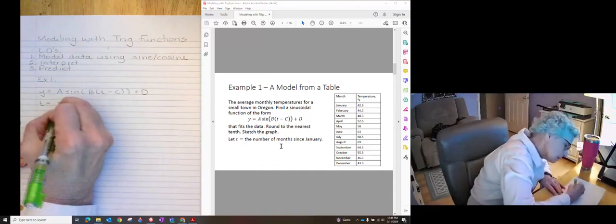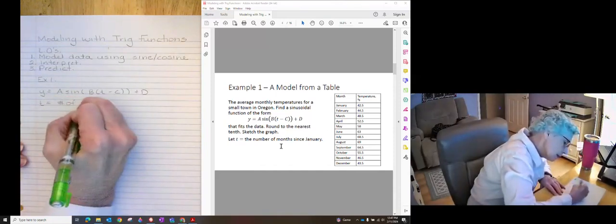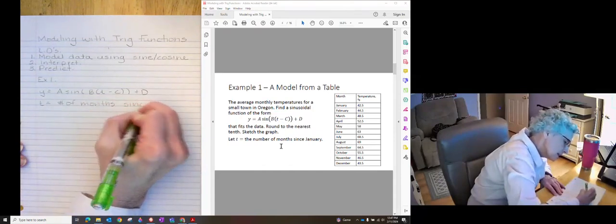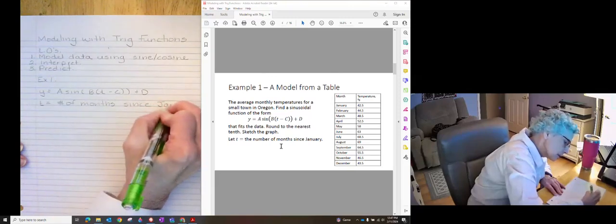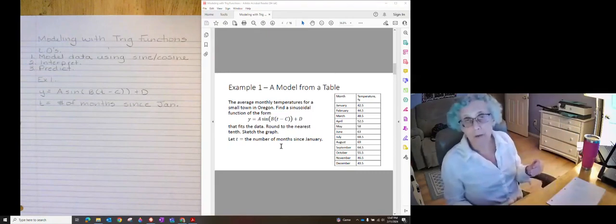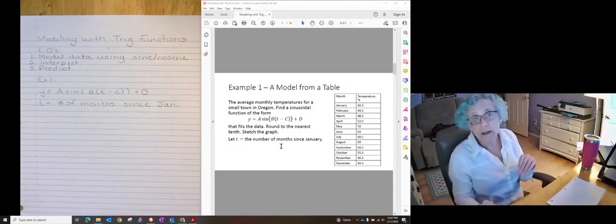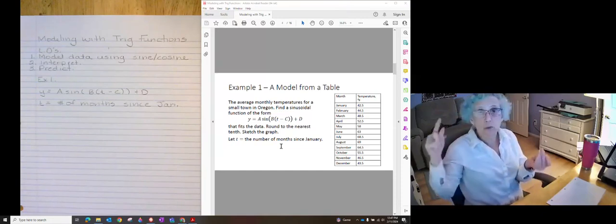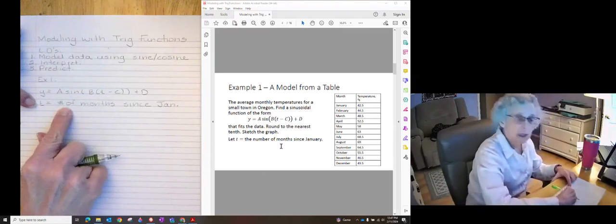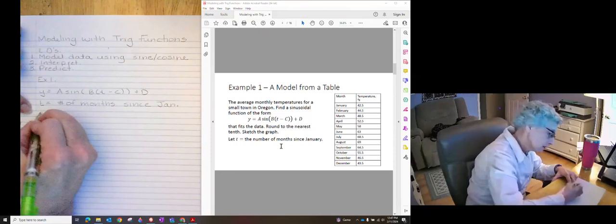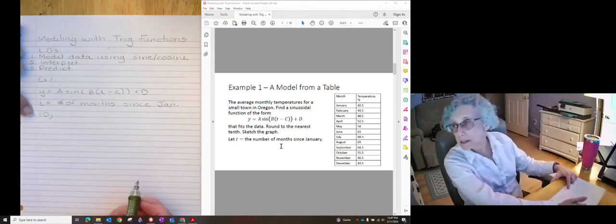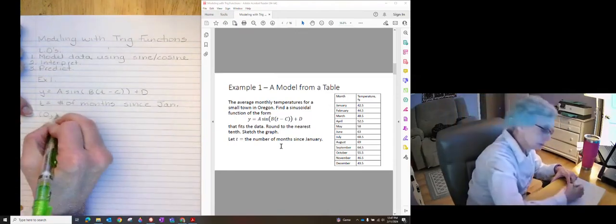So t equals number of months since January. Now, you could have let t equal 1 be January, but if I let t be equal to the number of months since January, then the first data point there is 0 and 42.5.